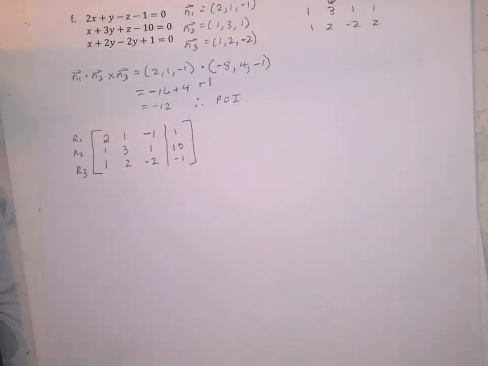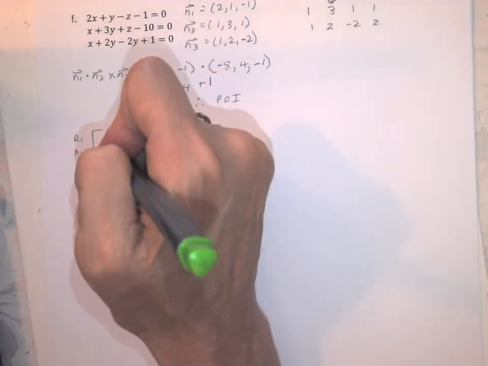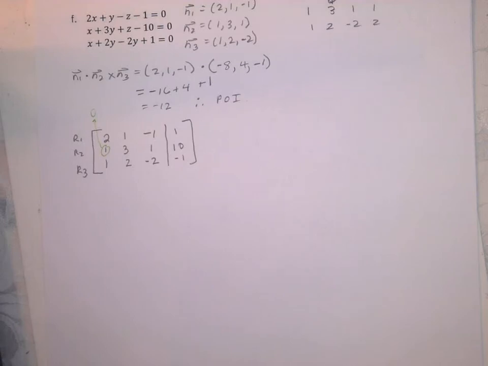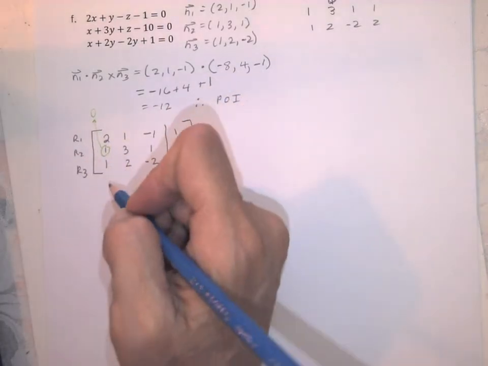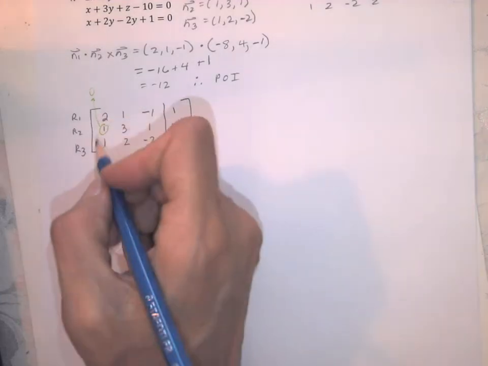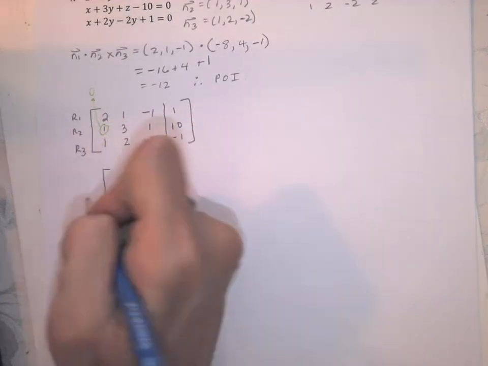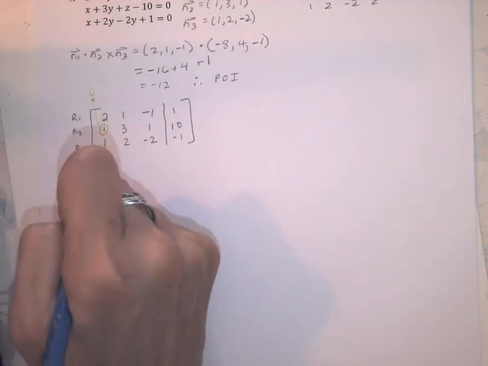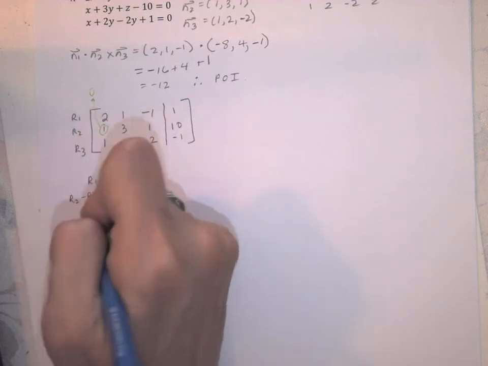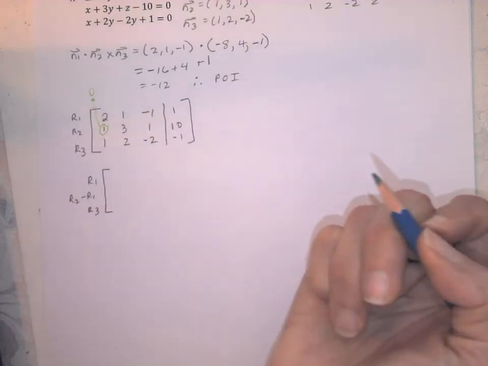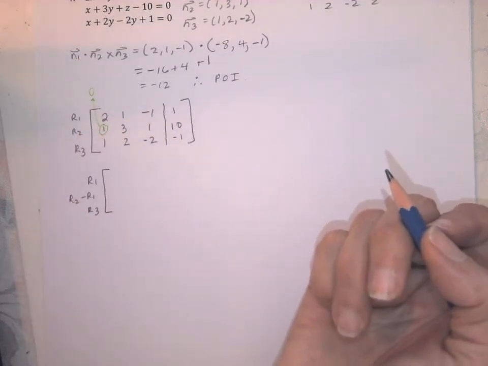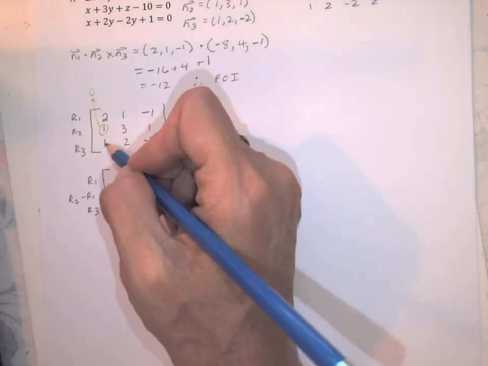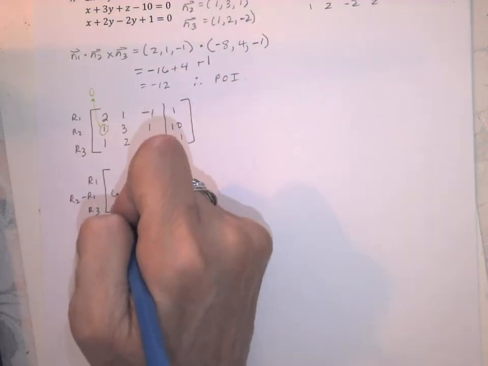And the first thing we want to do is get a 0 in this location. So the easiest way I see to do that is to do row 2 minus row 1. And if you do that, you're going to get 1 minus 1 is 0.